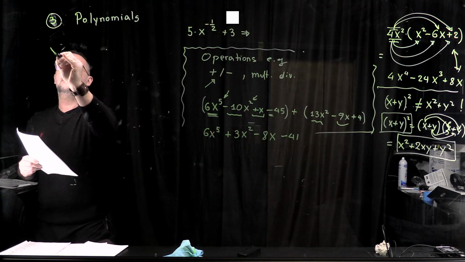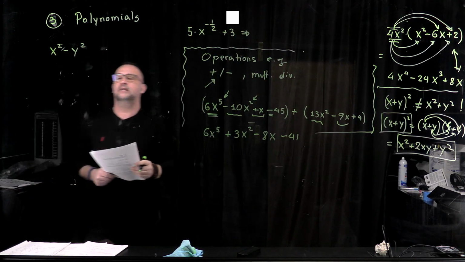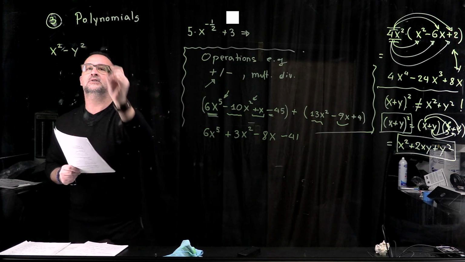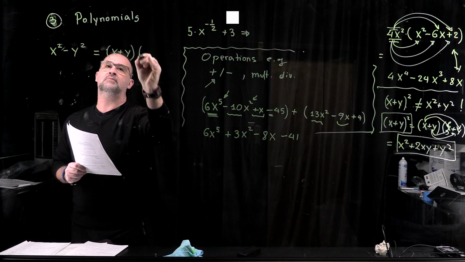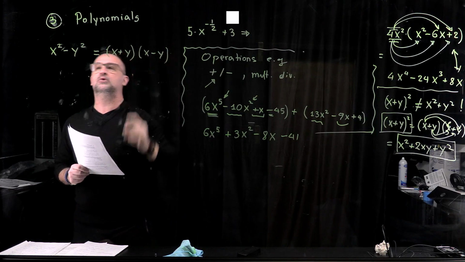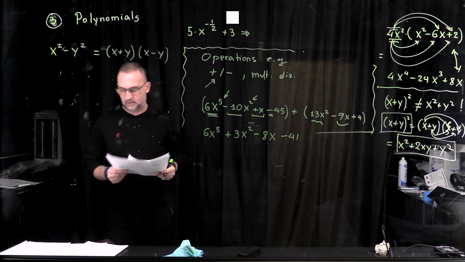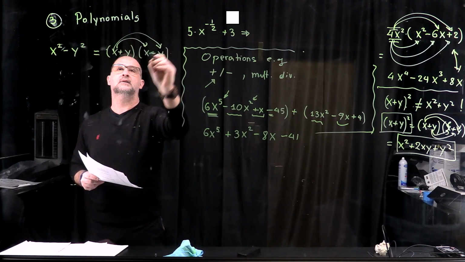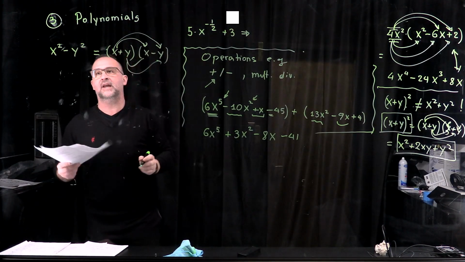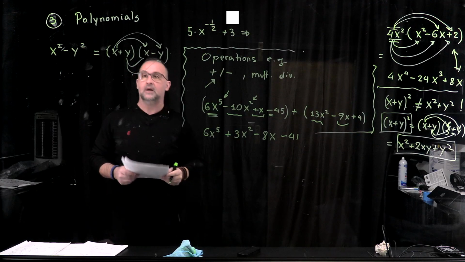So, for instance, if we have x squared minus y squared, then it's another very important algebraic identity. That is x plus y times x minus y. And of course, you can verify this property by just taking again the distributive law, x times x, and you're going to find out that you're going to end up with x squared minus y squared.